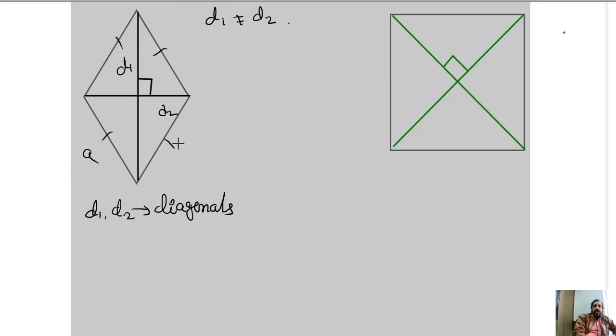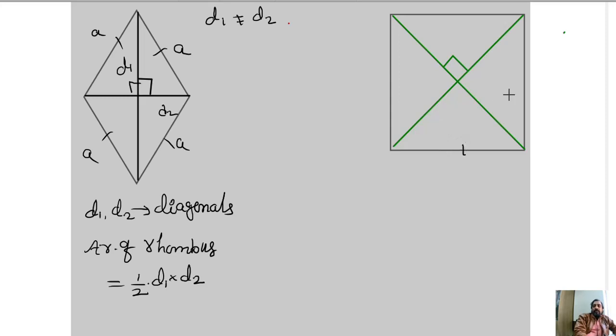So sides are A and A. It is a right angle triangle, right? See this. Area of rhombus is equal to half into D1 into D2.